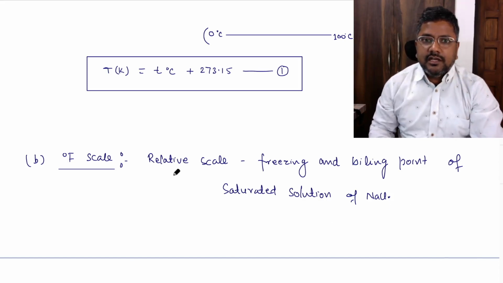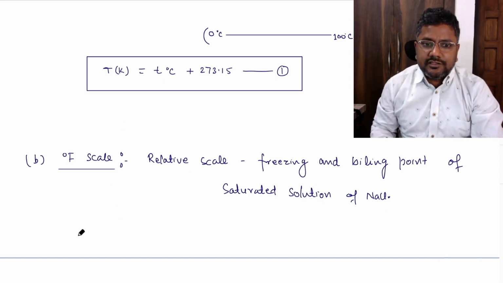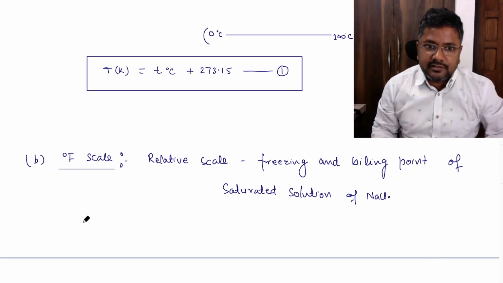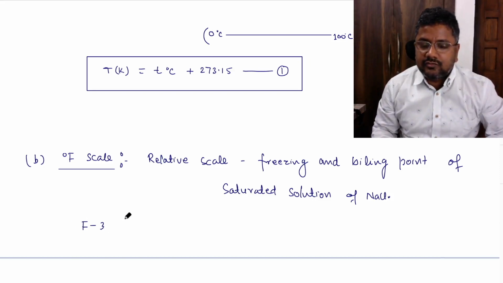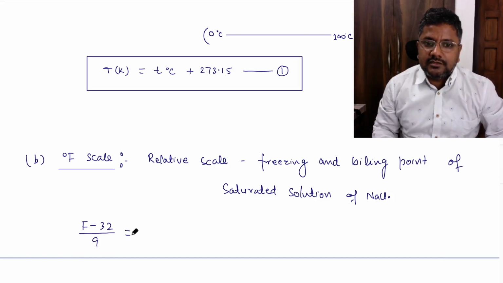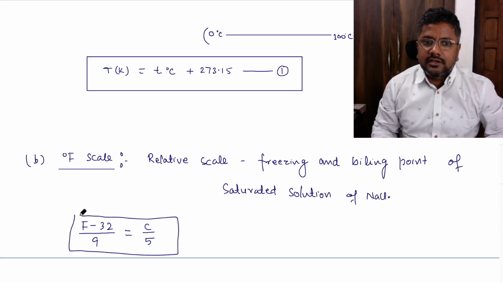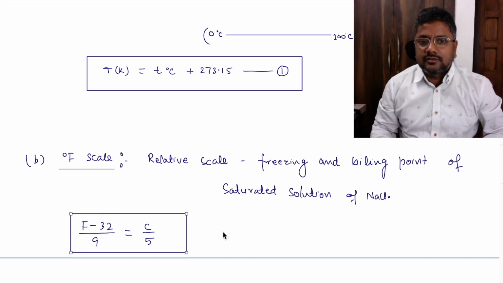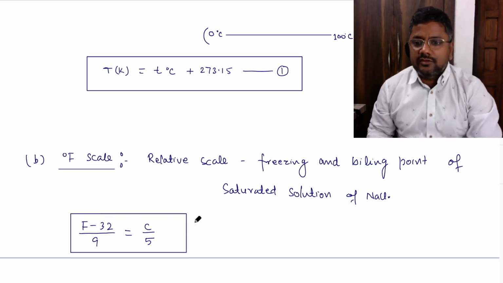And what is the relation between this Fahrenheit scale and this degree Celsius scale? F minus 32 divided by 9 is equal to C by 5, right? So by using this formula you can interconvert.